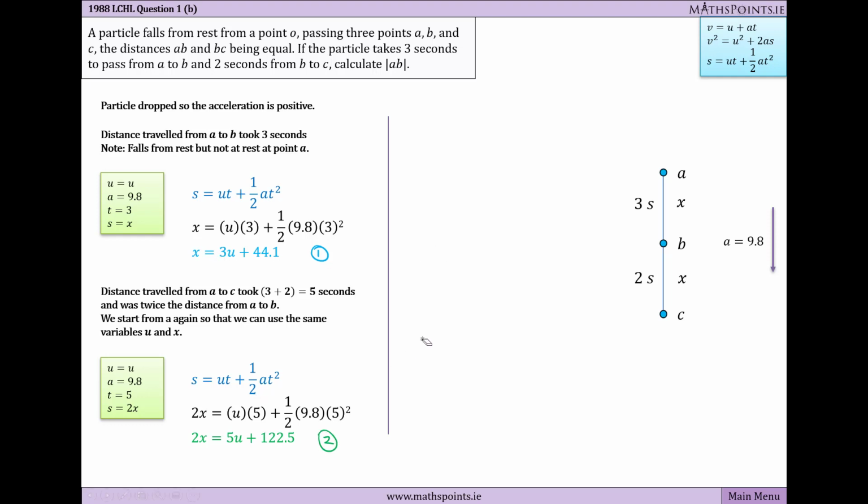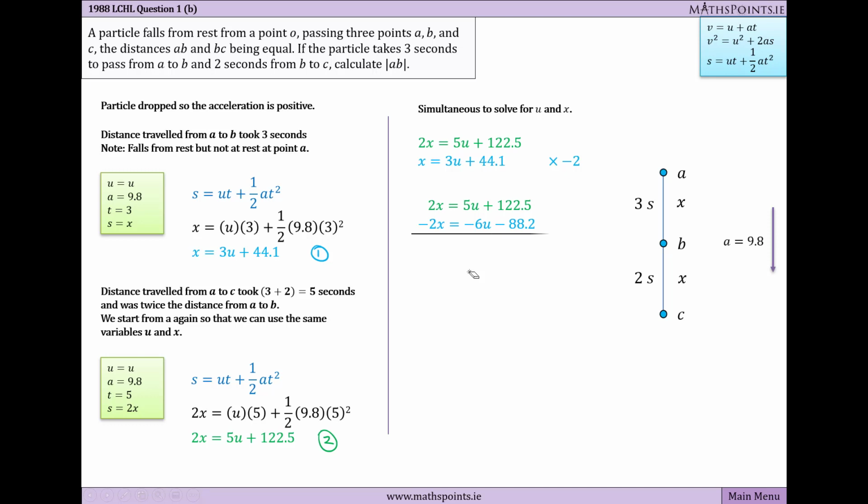So we have two variables, and so what we're going to do is a simultaneous equation to try and eliminate one of the variables. So equation 2 is going to be 2x equals 5u plus 122.5. But to eliminate the x's, I'm going to multiply equation 1 by minus 2. So that equation then becomes minus 2x equals minus 6u minus 88.2.